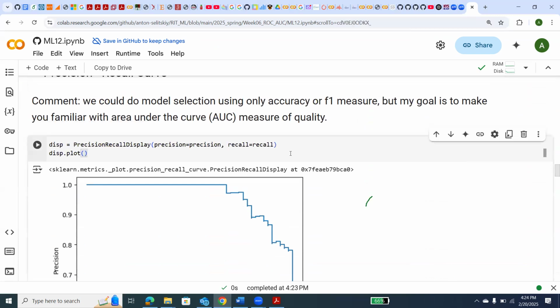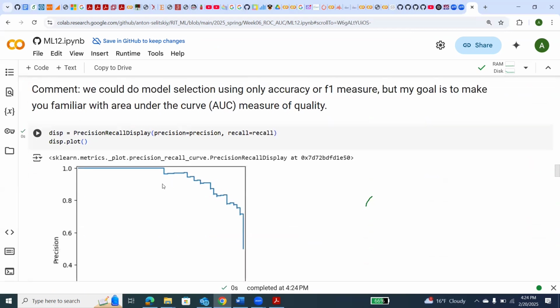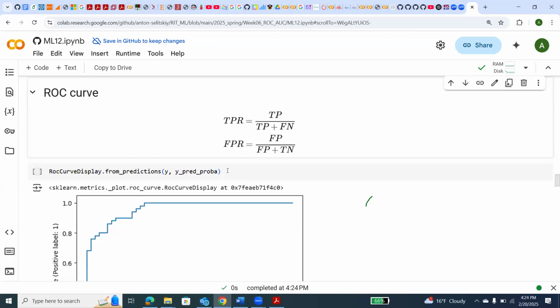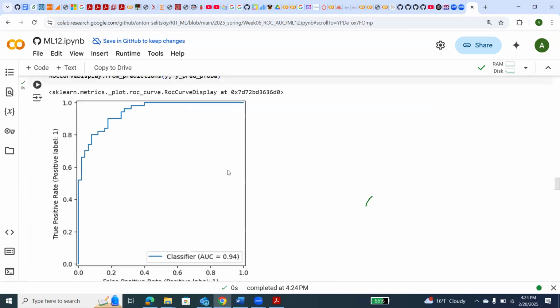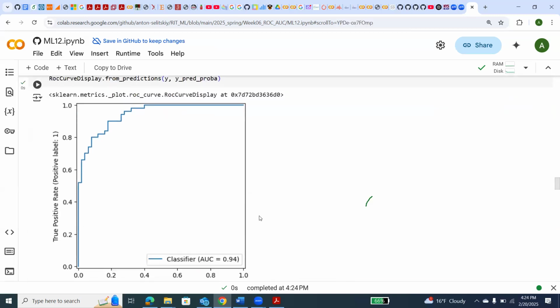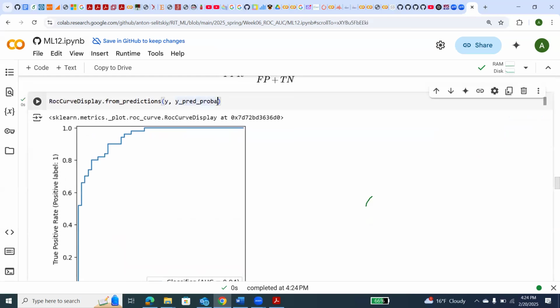ROC curve. This is PR curve. As you remember, it's monotonous, and ROC curve, which is monotonous. So in ROC curve, you shouldn't use the predictions.